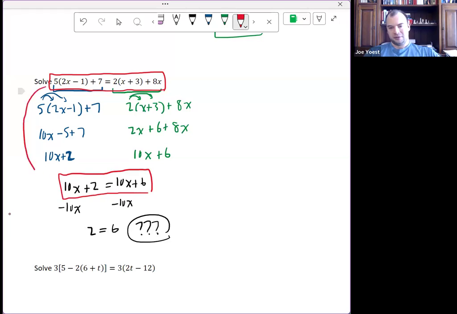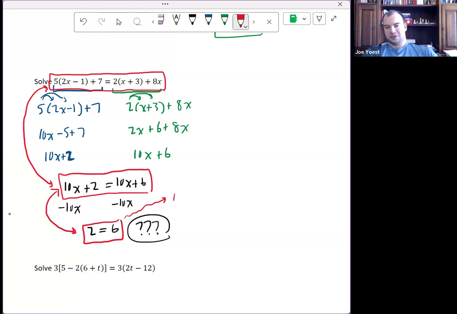But this transformed into this equation with the same solutions as the original equation. I applied an equation solving step, subtract 10x from both sides, that transforms 10x plus 2 equals 10x plus 6 into another equation, 2 equals 6, that has exactly the same solutions as the previous one, or as the original one.